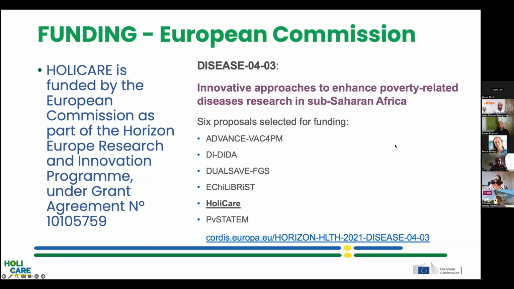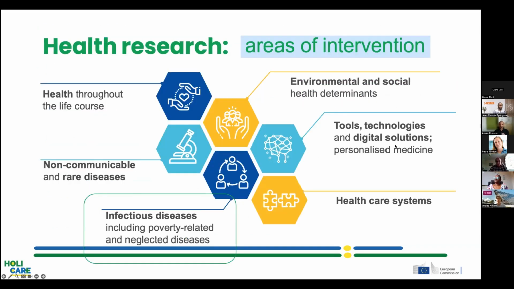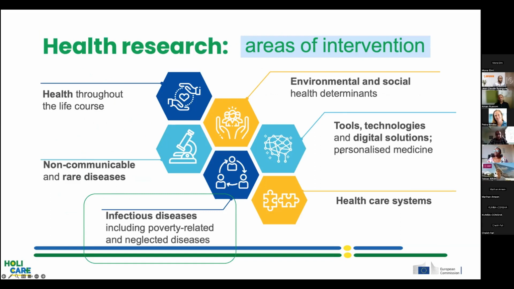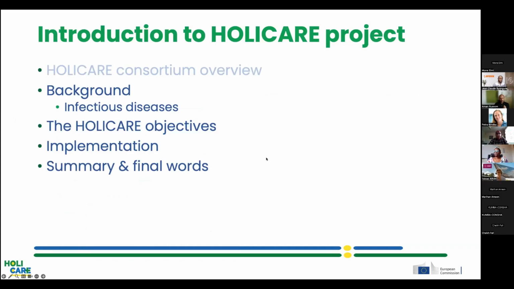And this particular call fits into a larger area when it comes to health. As you can see here, we are getting the money for infectious diseases, including poverty-related neglected diseases, as part of the focus.